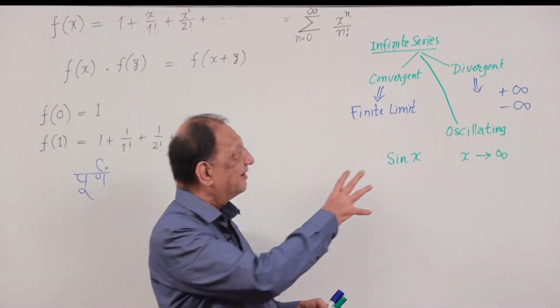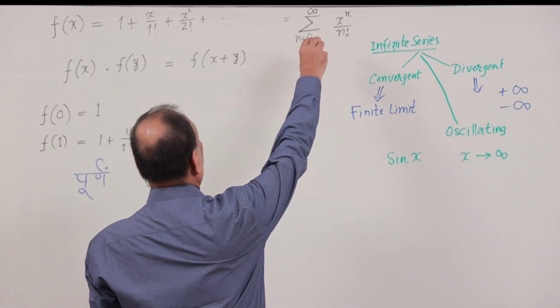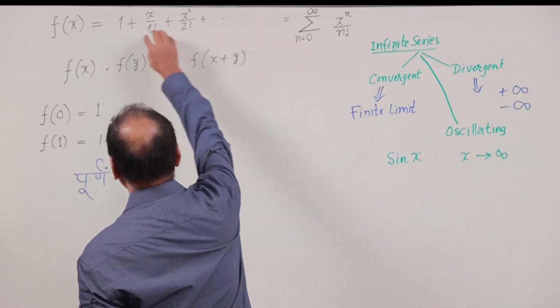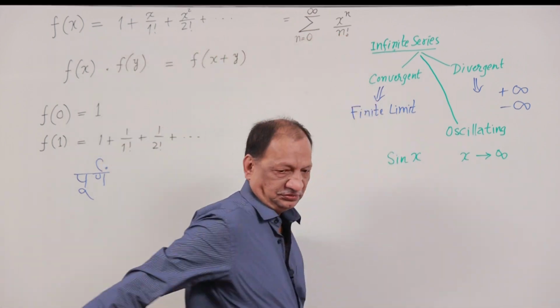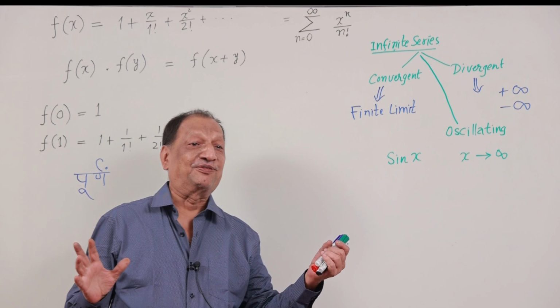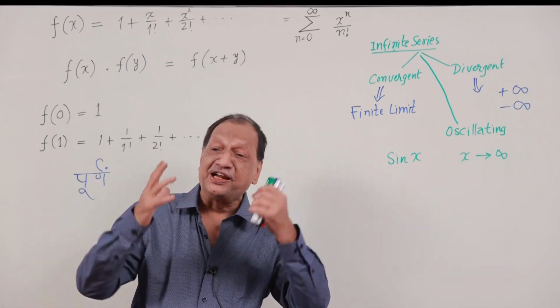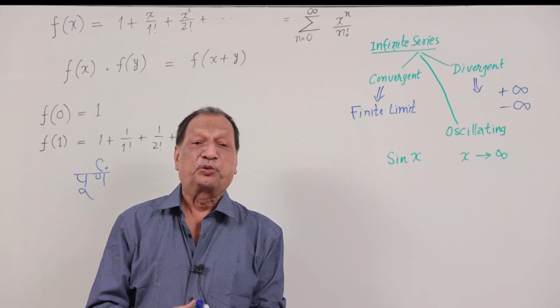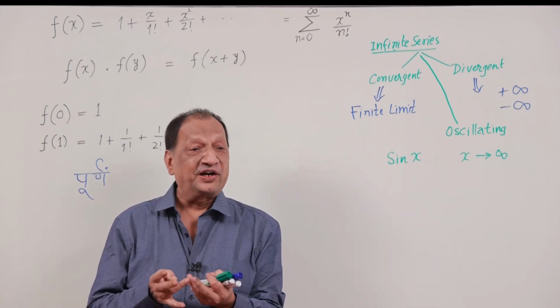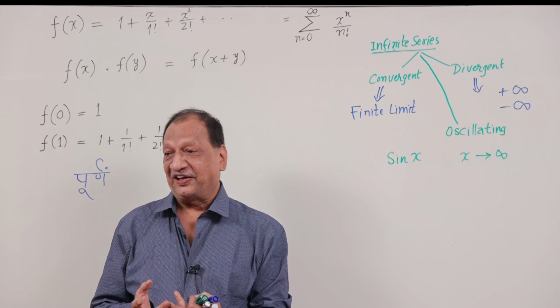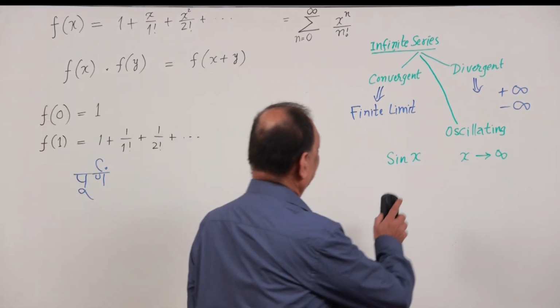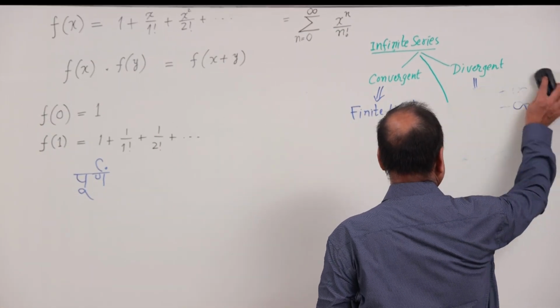Now we have enough background to sit down and discuss whether this function I originally wrote was convergent or not convergent. How do we prove that it is convergent? I mean, given an infinite series, how do you prove whether it is convergent or divergent or oscillating? So let us look at how to find out.